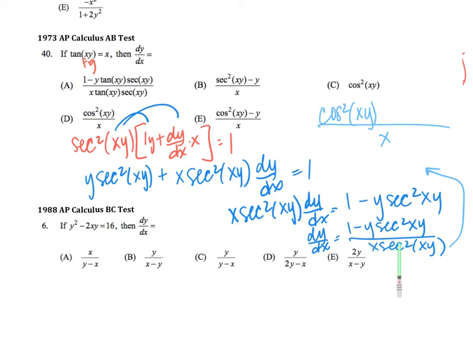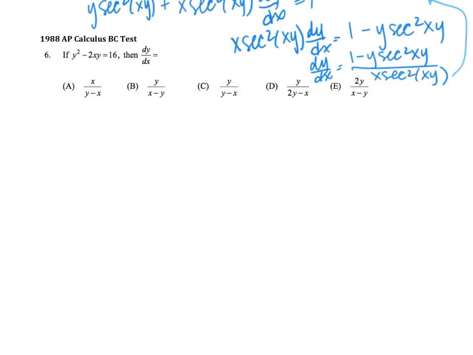Leave the x. Then I've got to say minus y secant squared xy all over x secant squared xy. So the secant squared xy's can cancel, and I'd be left with my y, and the x was already down here, y over x, leading me to answer E.